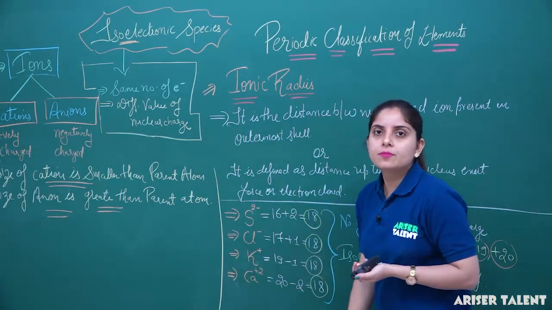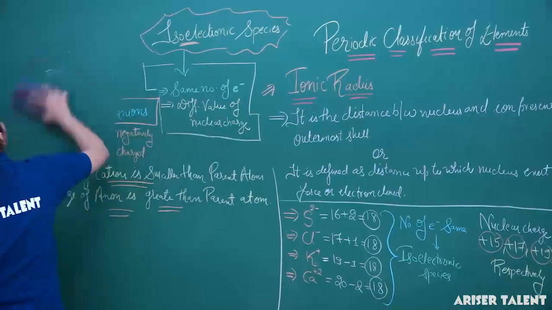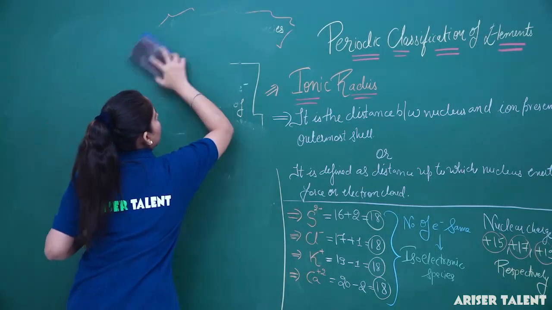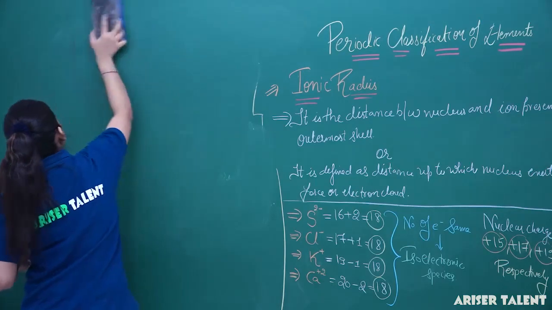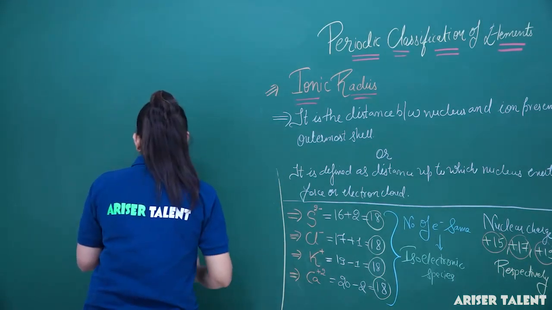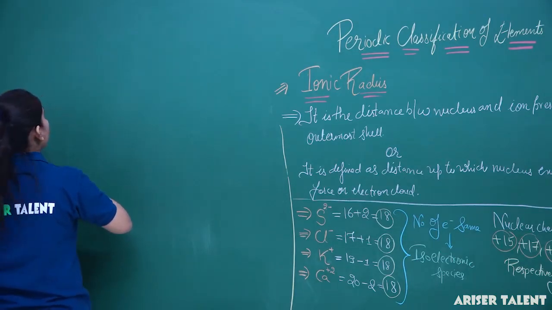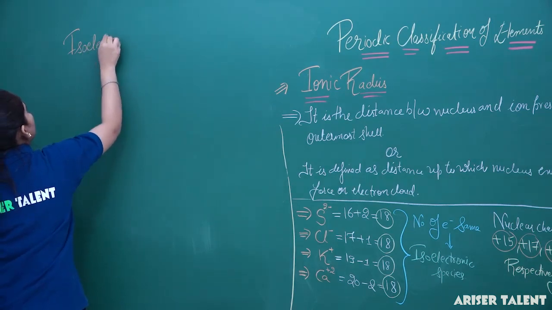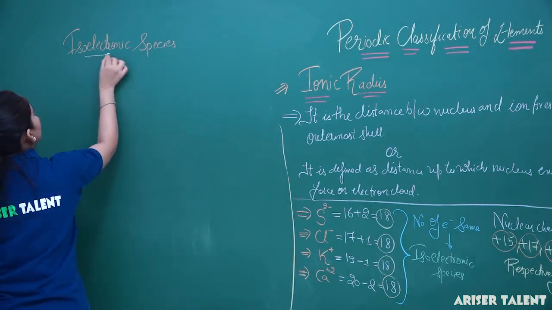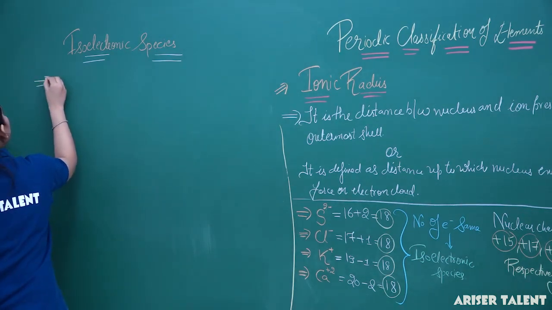But before that, copy this from here. So now let us see the trend in the case of ionic radii. Suppose we are starting from nitrogen.